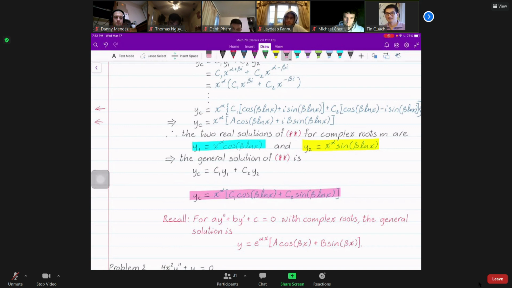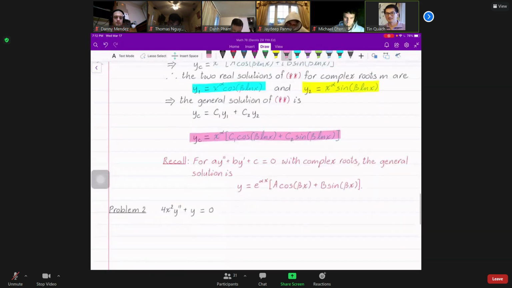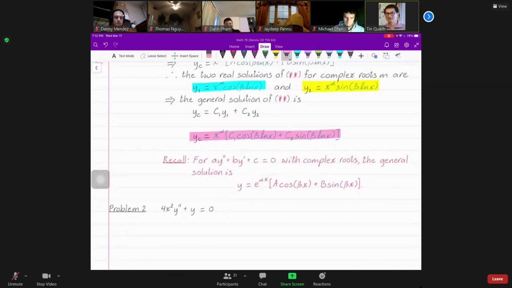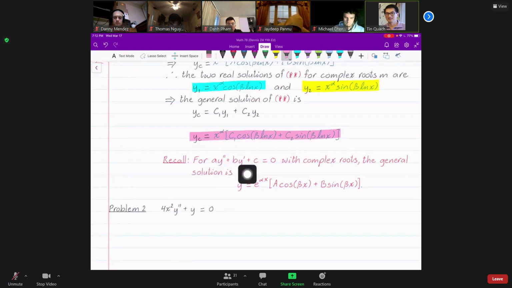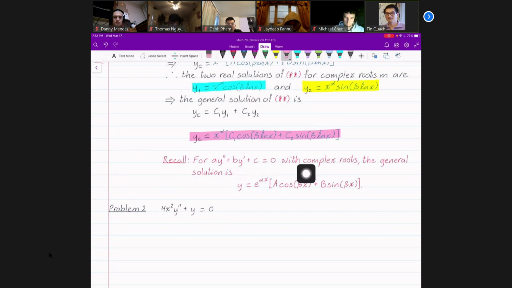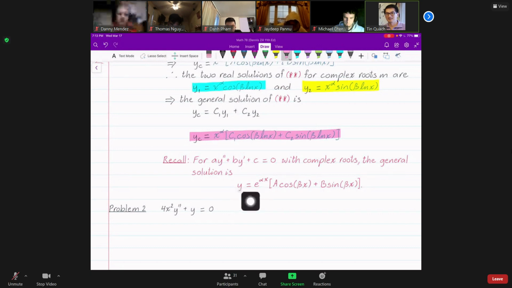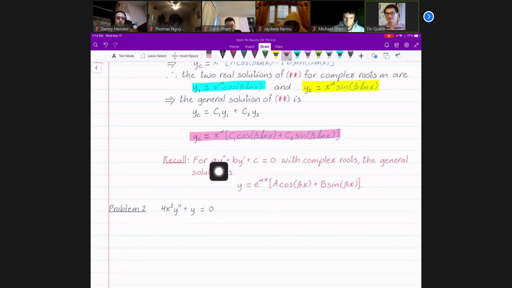Okay. So let's compare that with what you had back in section 4.3. In section 4.3, you had a regular homogeneous differential equation with complex roots. Your general solution would be, because I write just y, I don't write y sub c here, because this is my original equation.